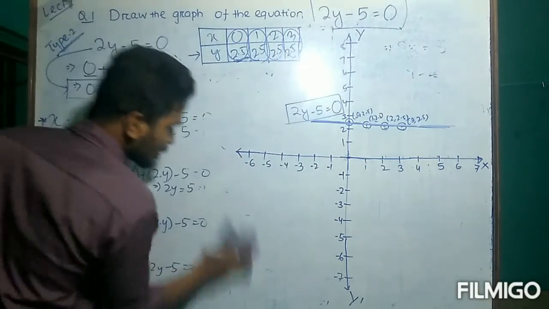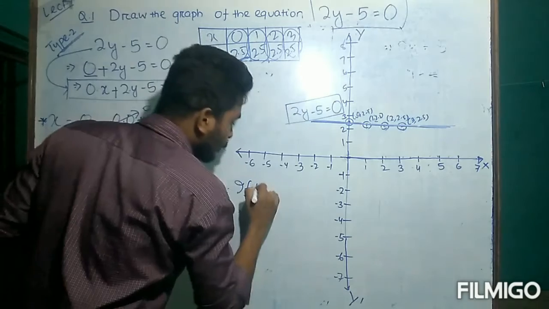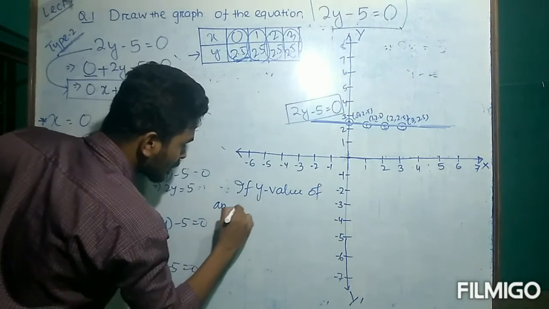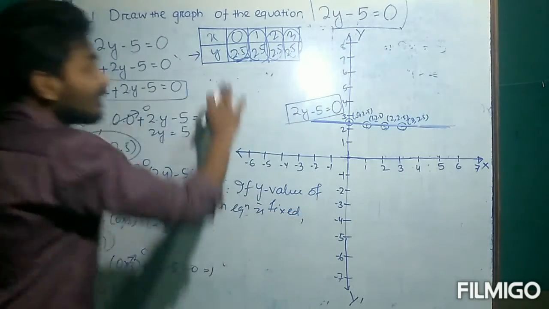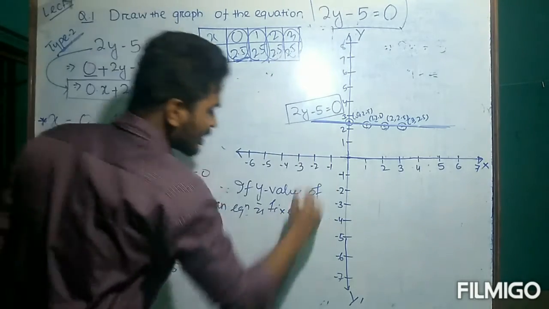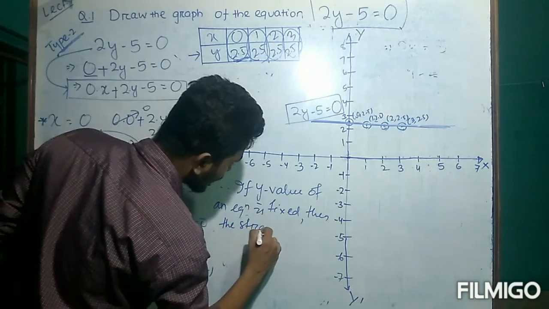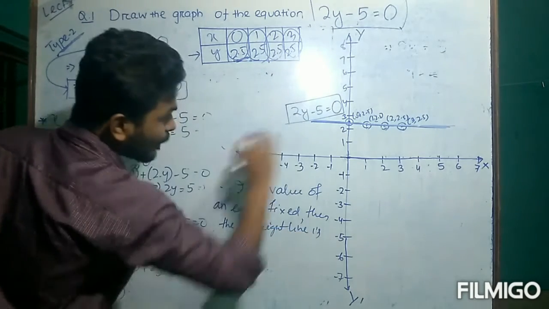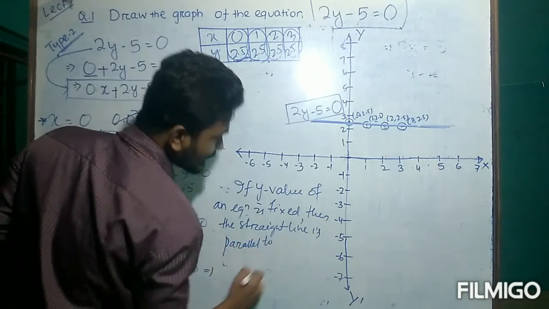Okay, so write the note. If the y value of an equation is fixed, then the straight line is parallel to which axis?